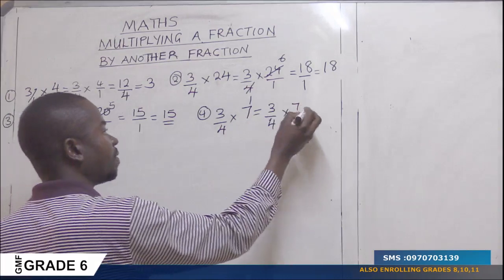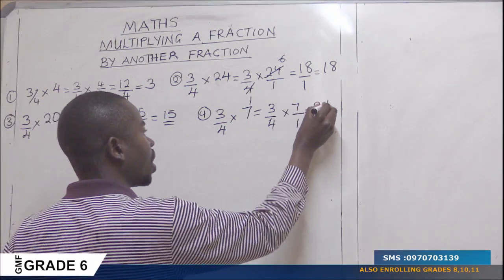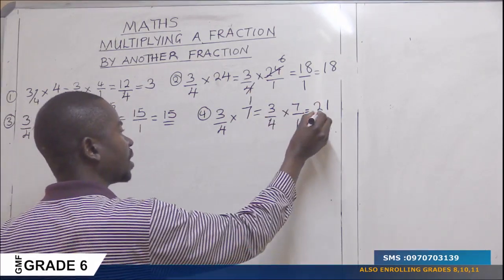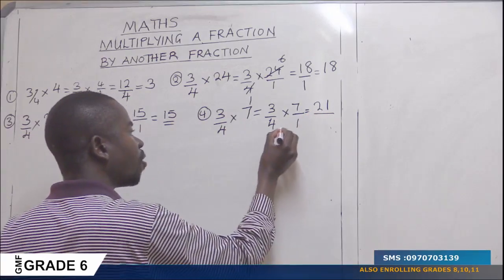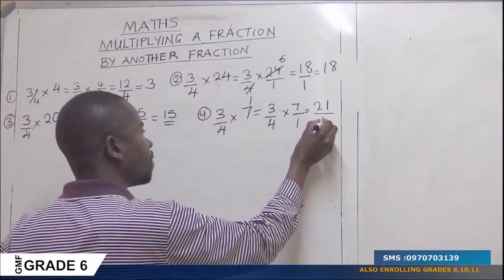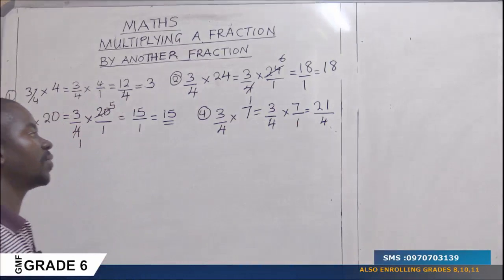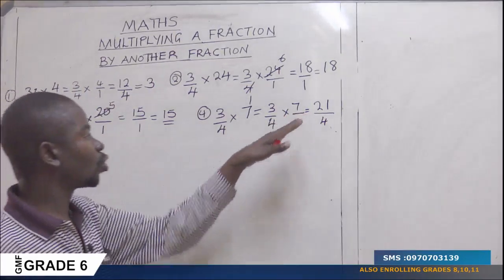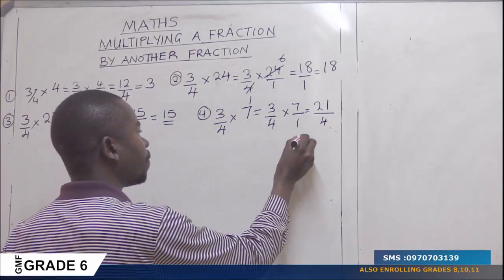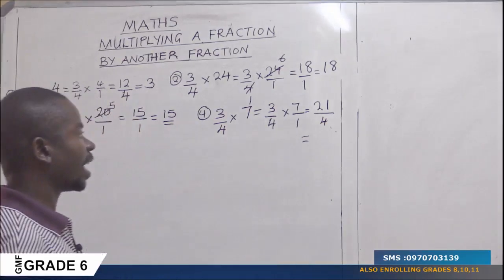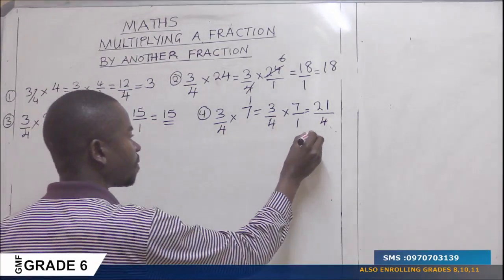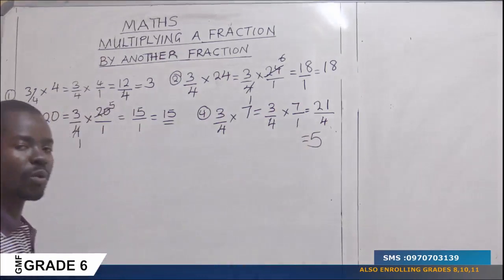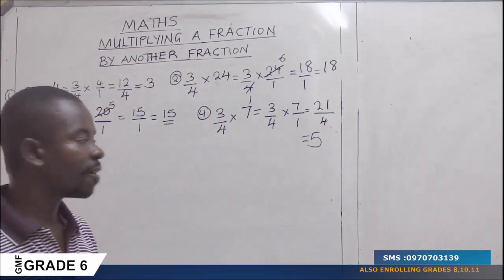3 times 7 gives us 21. And 4 times 1 gives us 4. 4 into 21, boys and girls, the answer is 5.